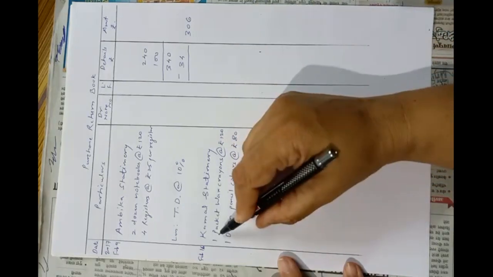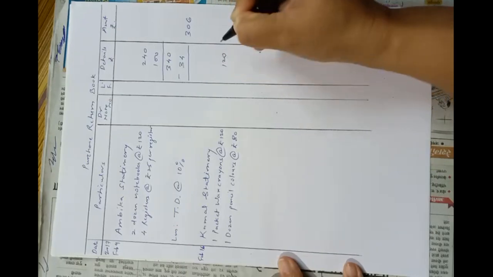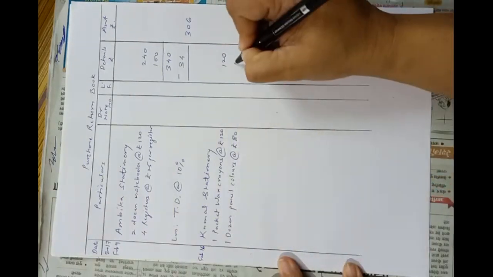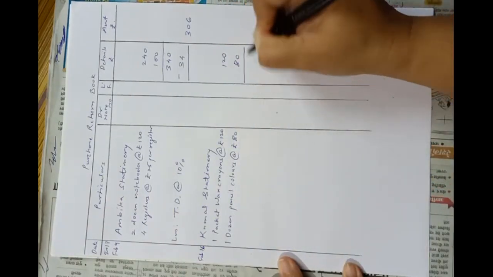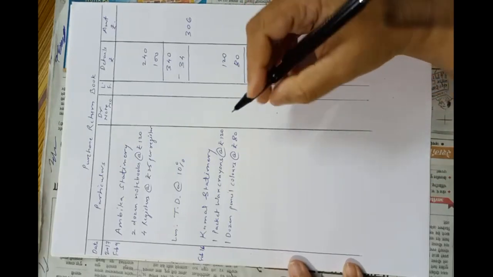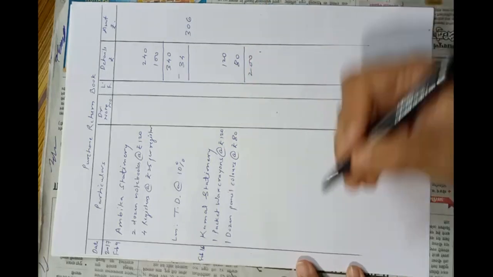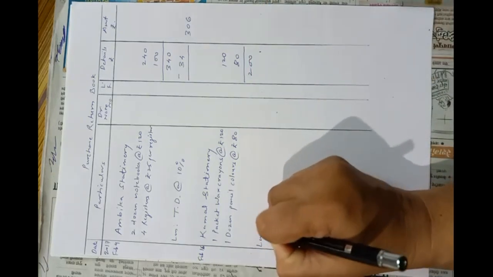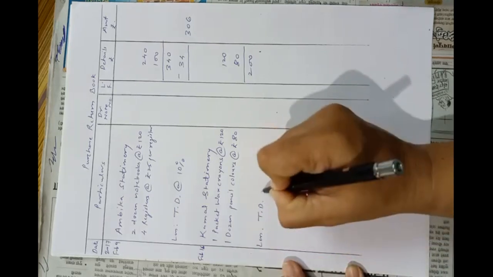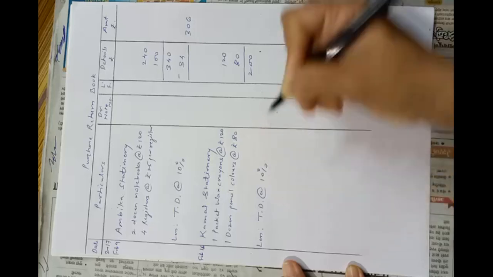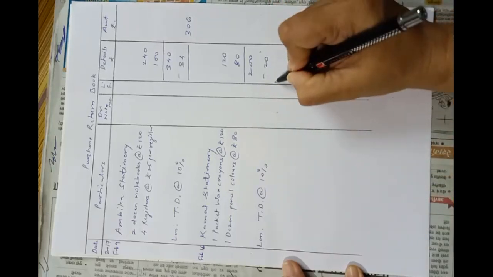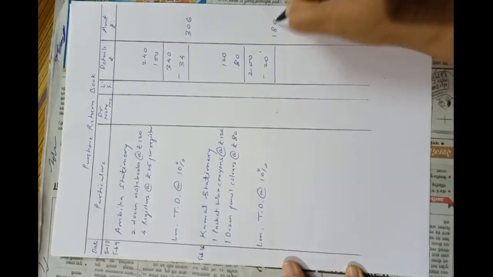So 120 into 1 it will be 120, 80 into 1 it will be 80, so addition will be 200. And in this transaction there was trade discount of 10%, so we will deduct trade discount at 10%, that is rupees 20. So final amount will be 180.